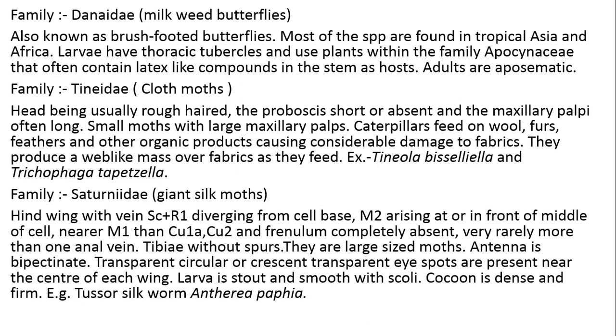Saturniidae is the giant silk moth family. Hind wings with subcosta and radius first diverging from cell base, M2 arising at or in front of middle of cell, nearer M1 than cubitus first A and cubitus 2, and frenulum completely absent, very rarely more than one anal vein, tibia without spurs.